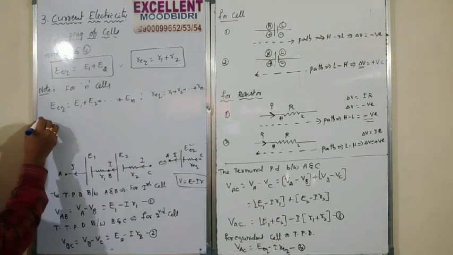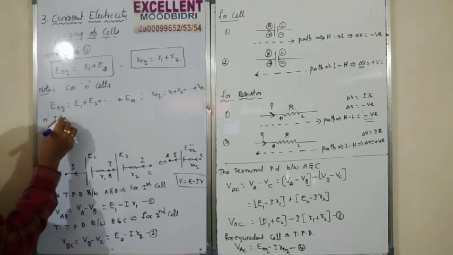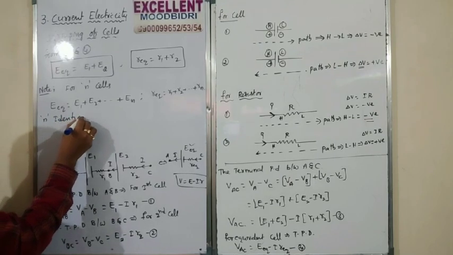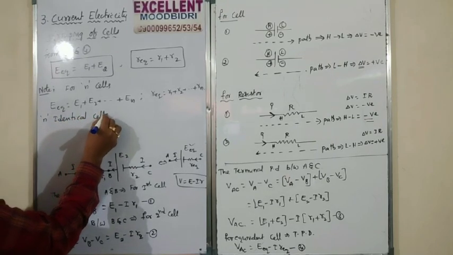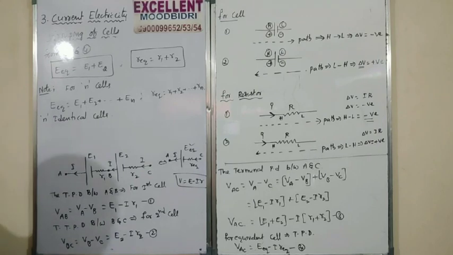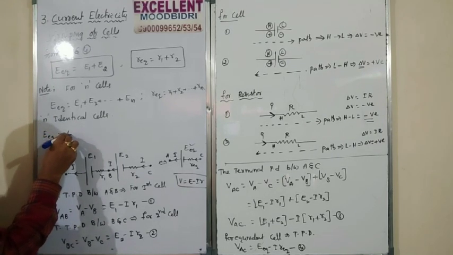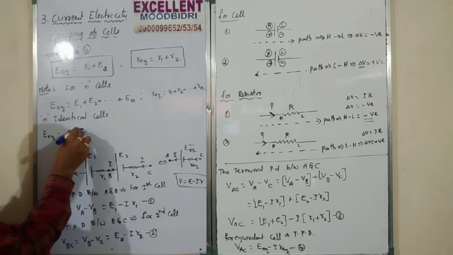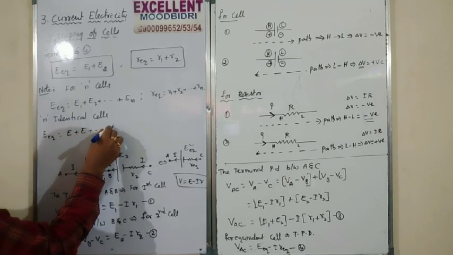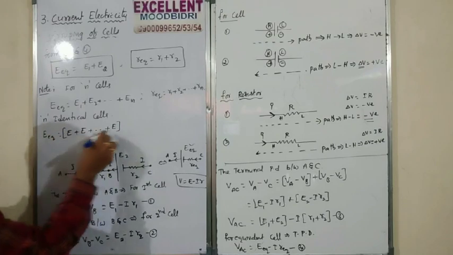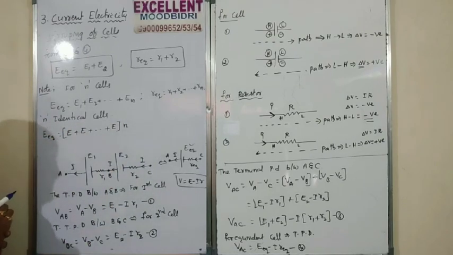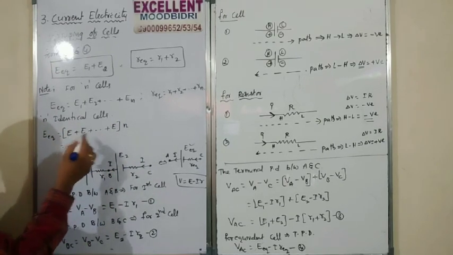Now for N identical cells connected in series combination, E equivalent is equal to E plus so on, N times. How many E's are there?